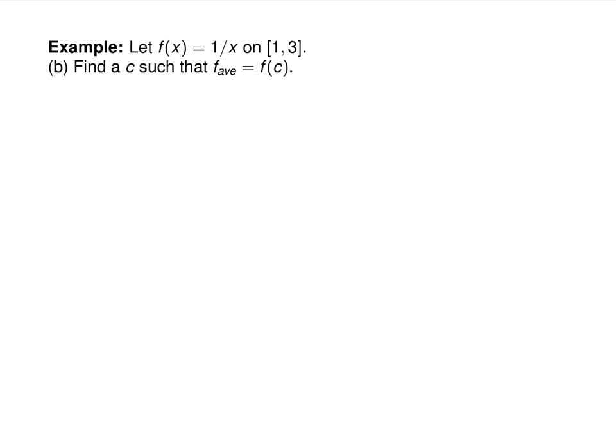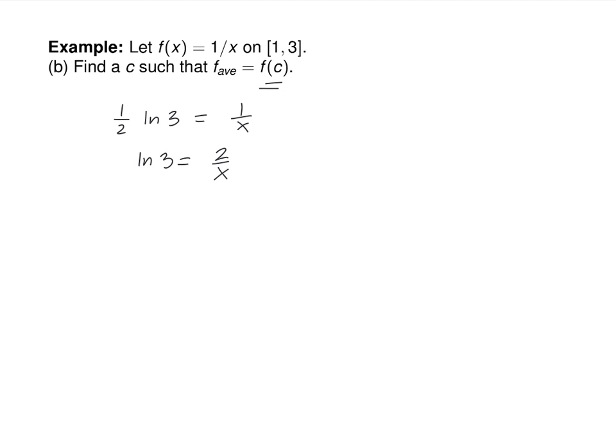Next, I want to figure out when that happens. So when is it the case that the average value is taken by my function? In other words, when does 1 over 2 times ln of 3 equal 1 over x? First I'm going to multiply the 2 over, and I get ln of 3 equals 2 over x.